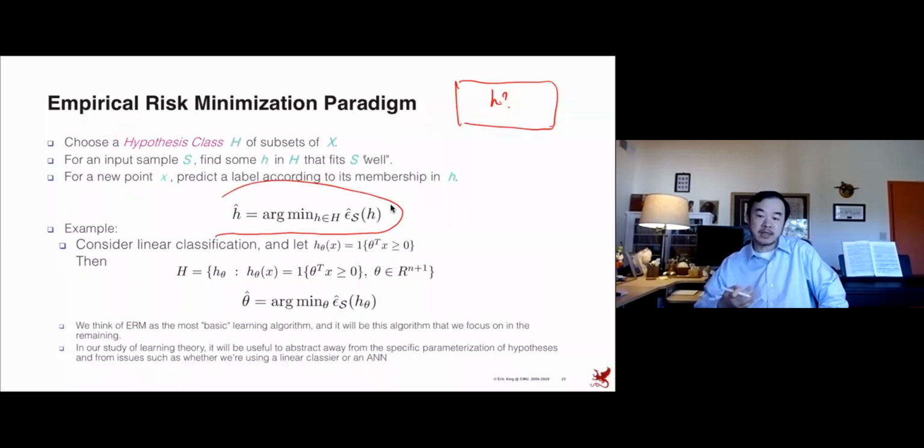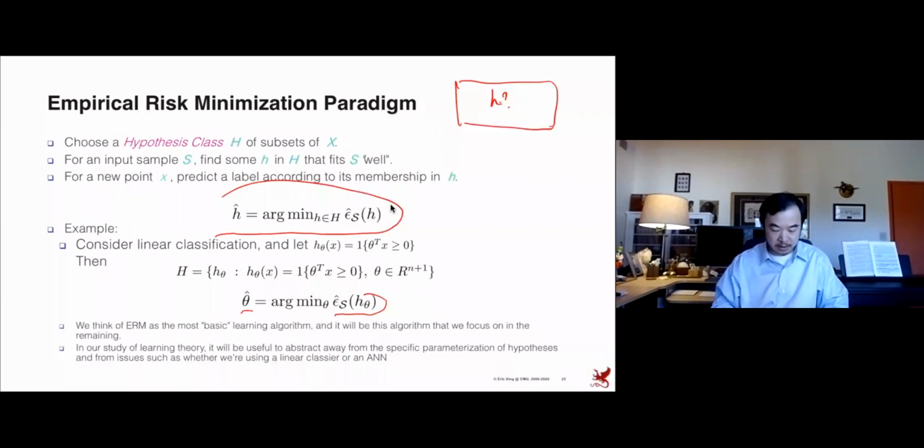If you don't have a 0 error hypothesis, you choose the hypothesis with the least error. For example, in our linear classification, you can write down a loss function, which could be a square error loss, or logistic loss, or other things, and then you find the theta which minimizes that.